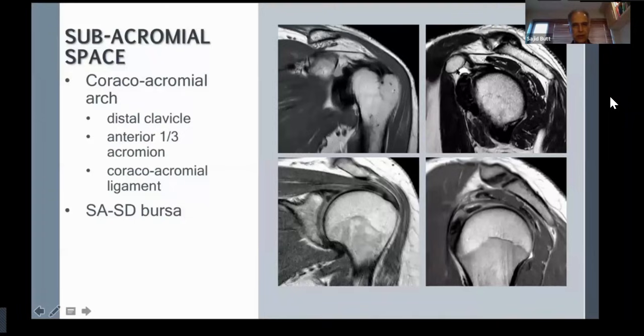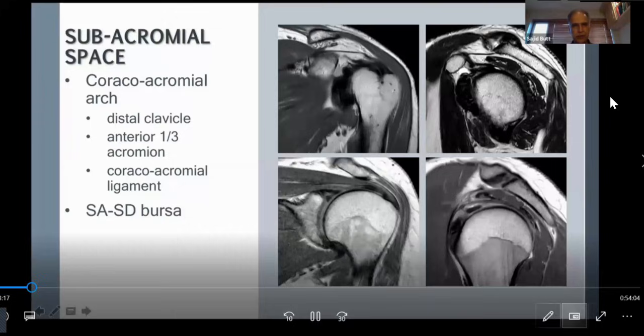In the sagittal plane, if you see the same things, that's the anterior, that's the posterior, that's obviously superior and inferior. You've got the coracoid process at the front. You've got the coracoacromial ligament in the middle connecting the coracoid process and the acromion. Then you've got the lateral end of the acromion and a little bit of clavicle.